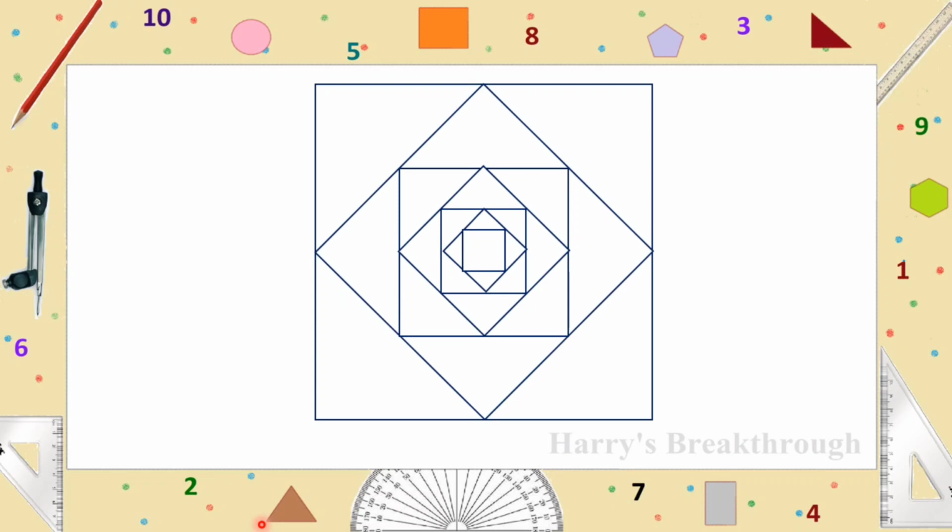And can you say what is the difference between the previous triangular pattern and this square pattern? You can see that in the first pattern, when we do this procedure with this triangle, when we join the midpoints of the sides, we got small triangles.